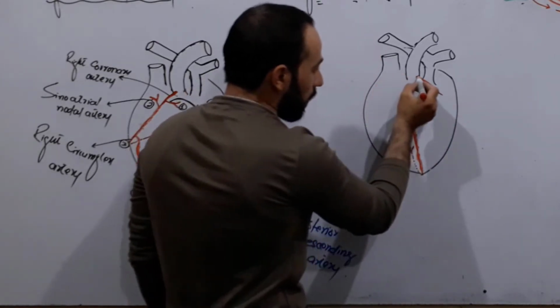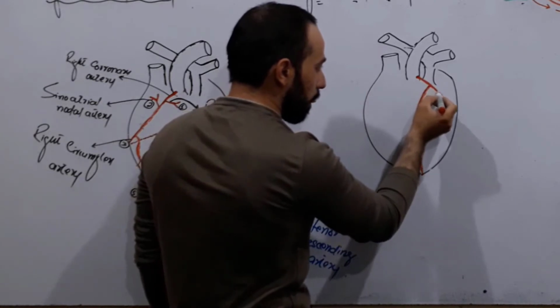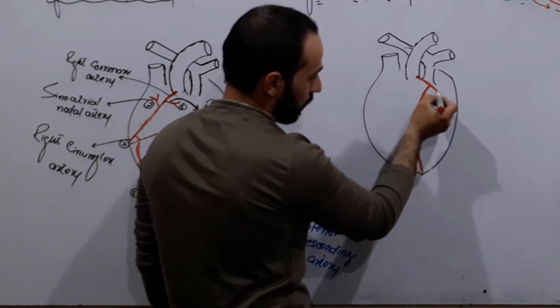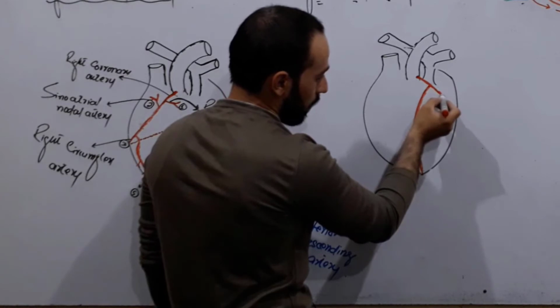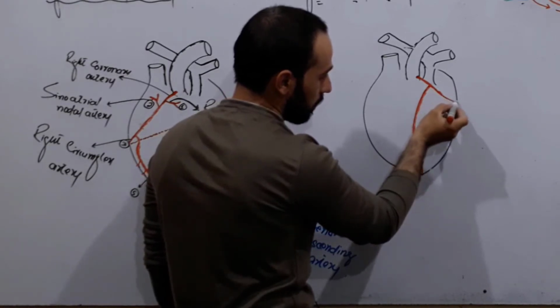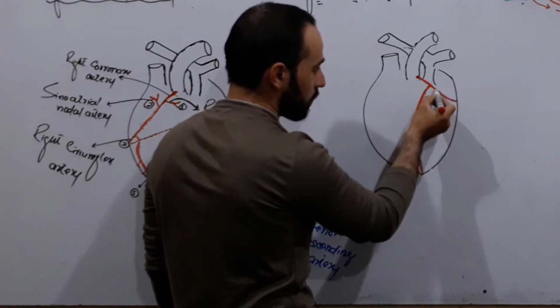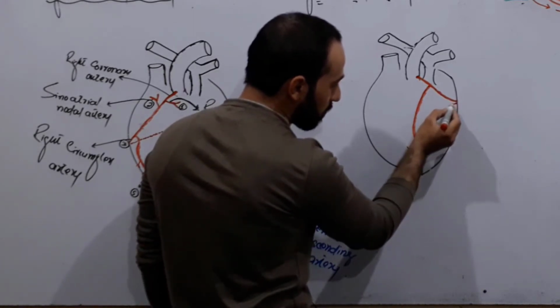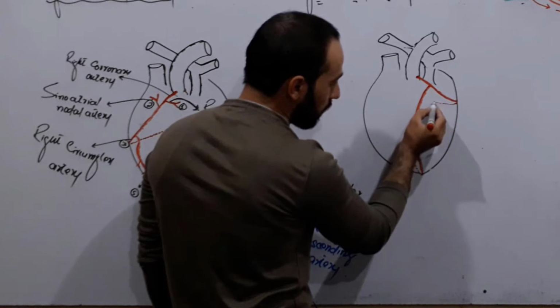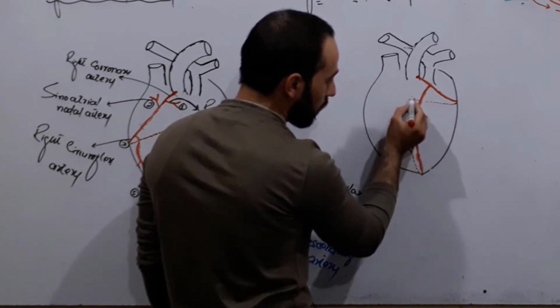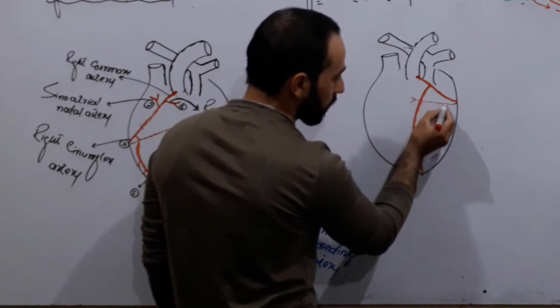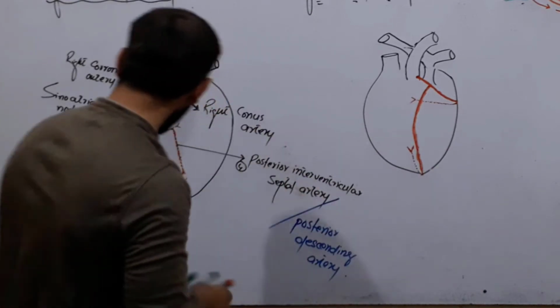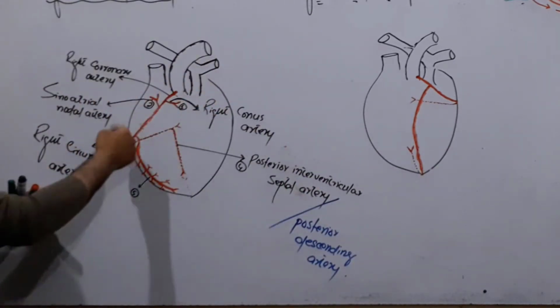Look, left coronary artery arises at the root of aorta on the left side and goes like this to the left margin of the heart, and then turns back, and this makes the left circumflex artery, as in the case here right circumflex artery.